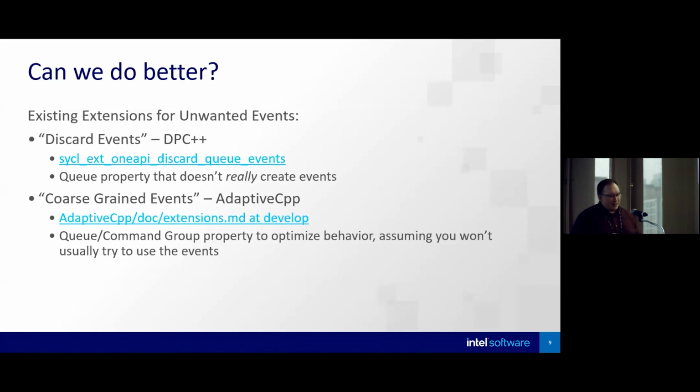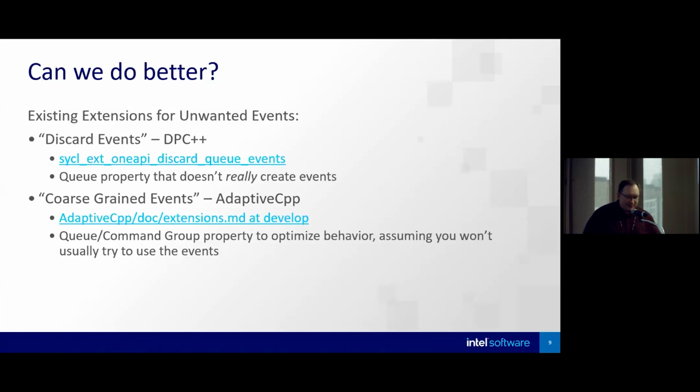We've been aware of these problems for a little while, and people have thought about it, trying to figure out if there's anything we can do to improve the situation. There are a couple of existing extensions to try to deal with unwanted events that have been done so far. In DPC++, we have one that's called discard events.